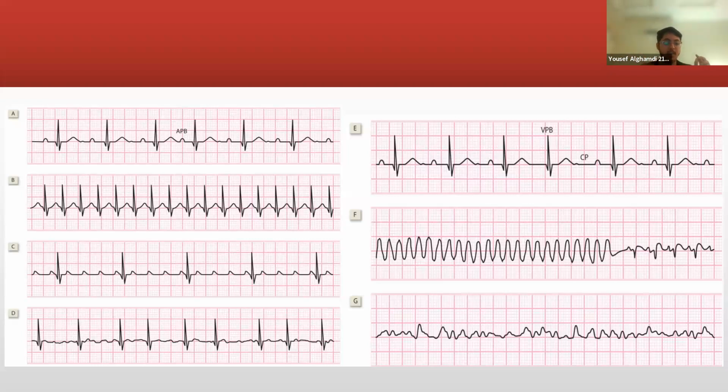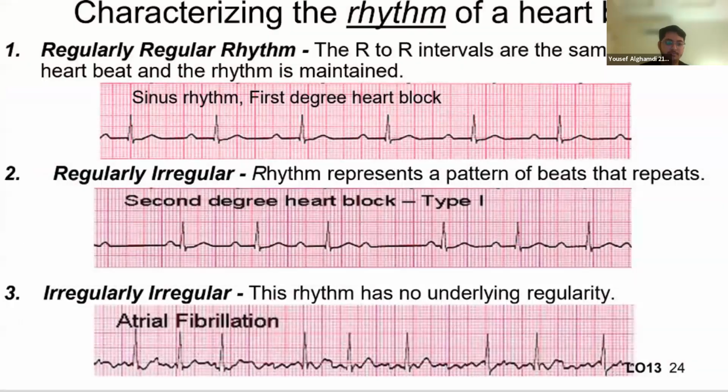This is how it looks to me. It looks like a crescendo decrescendo, but it has nothing to do with crescendo decrescendo. It just looks like it. A crescendo decrescendo is aortic stenosis, a sound that you hear from auscultation. It just looks like someone is raising the volume, then decreasing the volume. I don't have a picture for torsade, but I'll show you one at the end of the PowerPoint, inshallah.